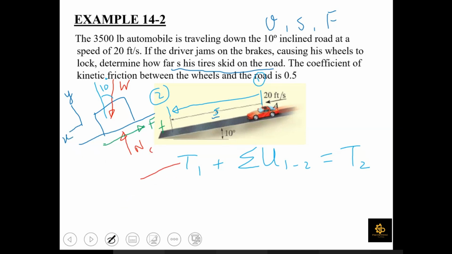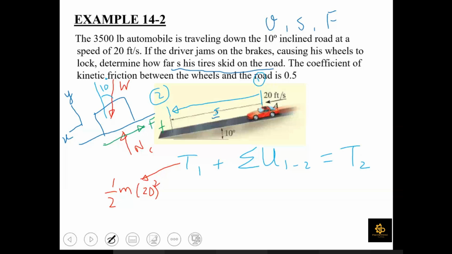First of all, starting with the initial kinetic energy. What is the initial kinetic energy of this car? Half mv square, v 20 है sir. Half mv square, so v is 20. What about m? 3,500 pounds. So is it m? सर वो तो वेट है ना सर, डिवाइड करना है. So 3,500 को 32.2 पे डिवाइड करेंगे, so we will get the mass of this automobile.